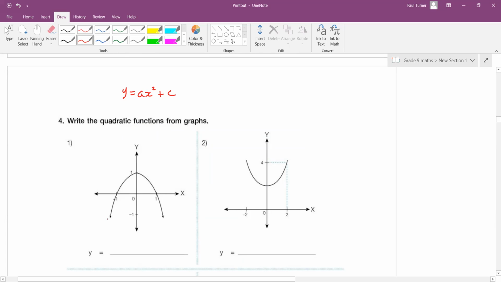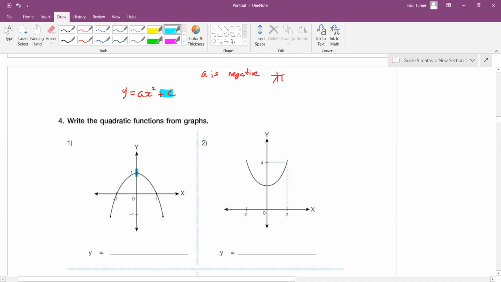Okay, so look at the a. This a value is going to be negative, isn't it? So a will be negative. So we know that first. A is negative because the graph opens downwards. Because the graph goes that way. So we know a is negative. The c value is your y-intercept here.